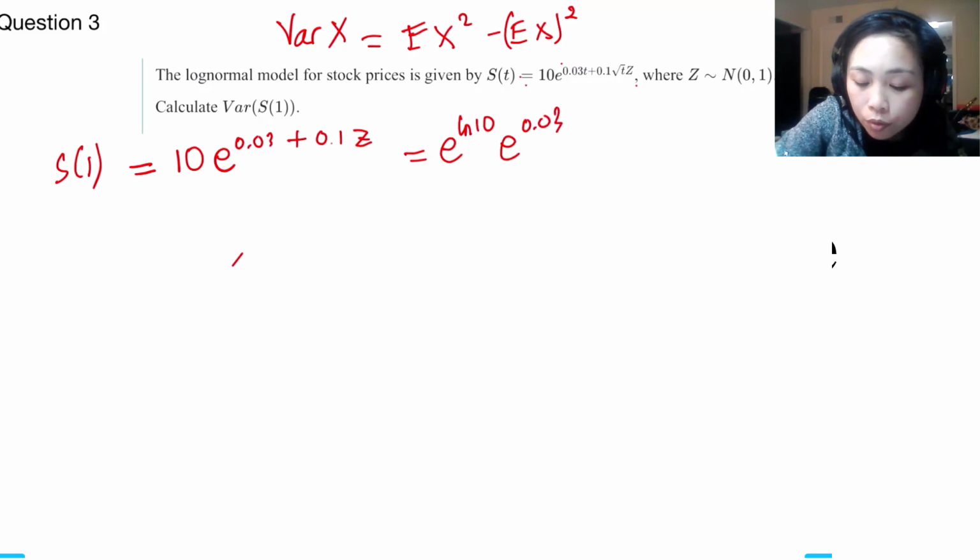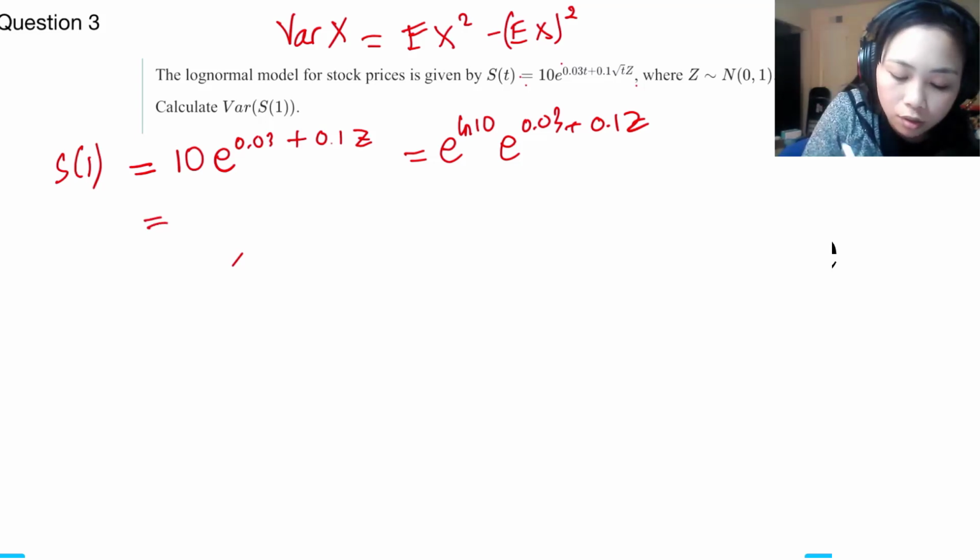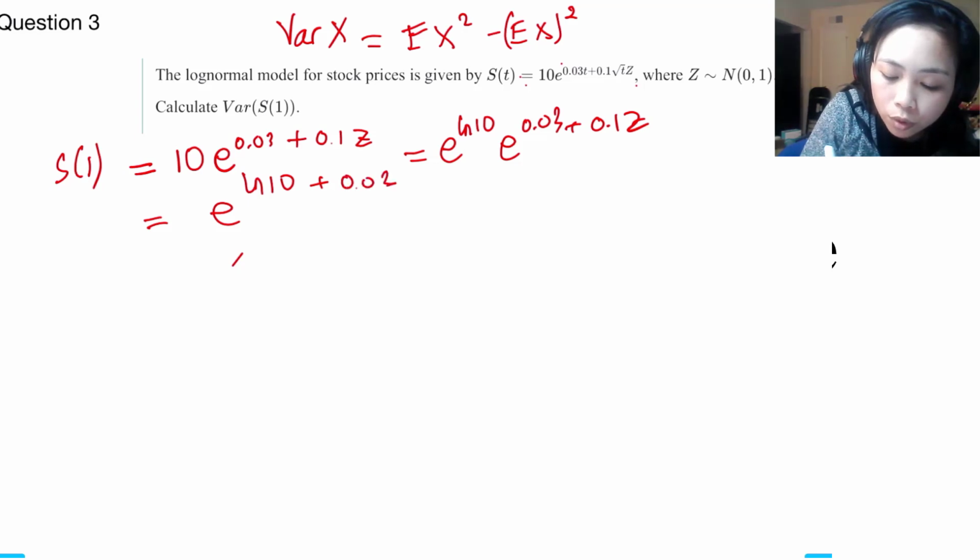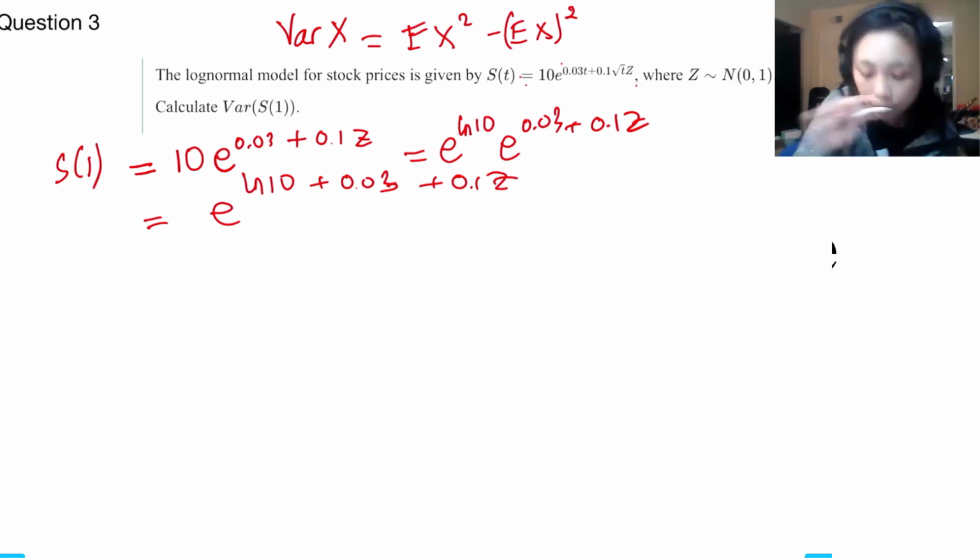So, here's the thing. Before I do this problem, I'm gonna recall one more piece of knowledge in statistics. Let's say y is equal to e to the mu plus sigma z. Oh my, it's not working.